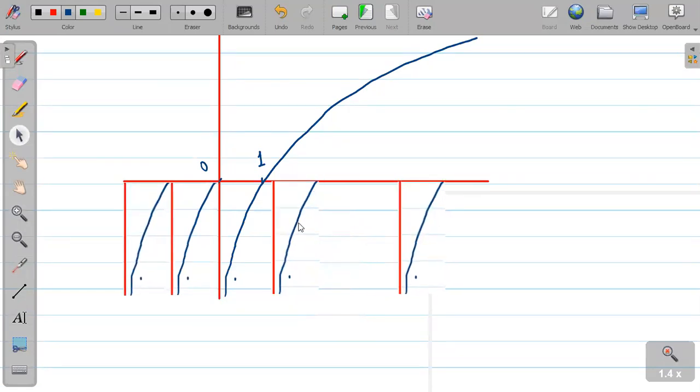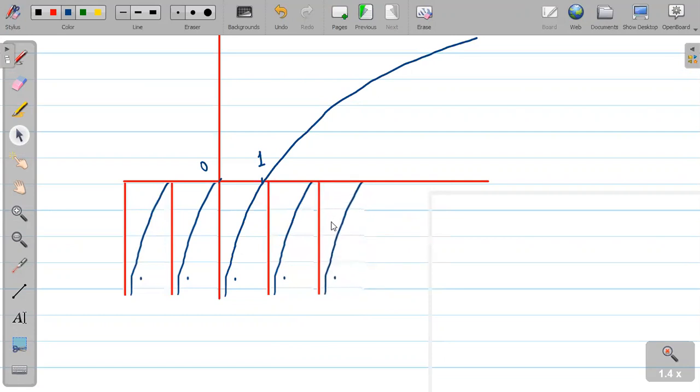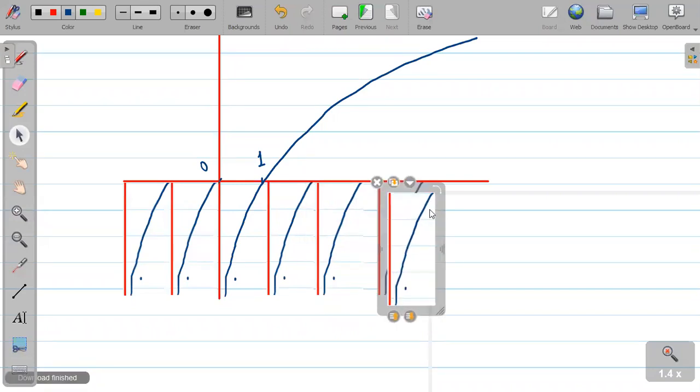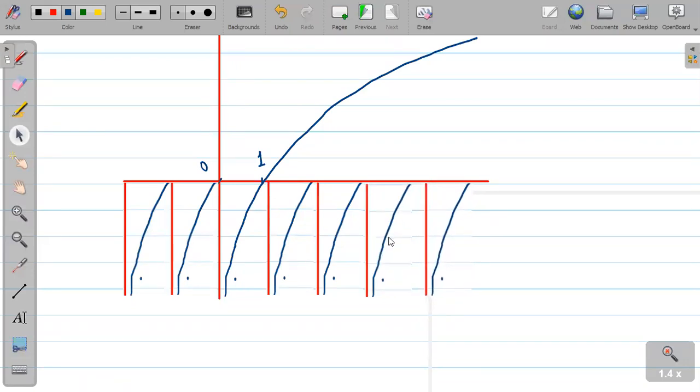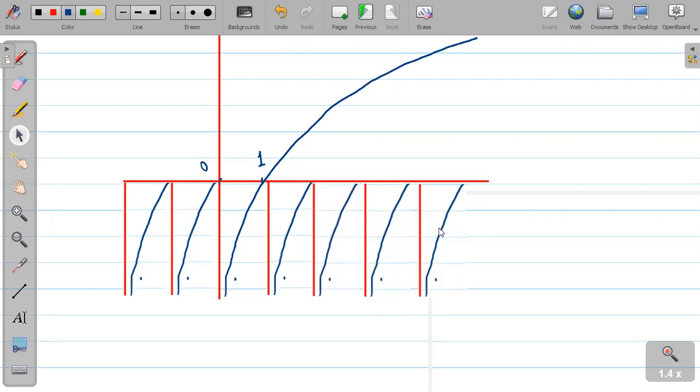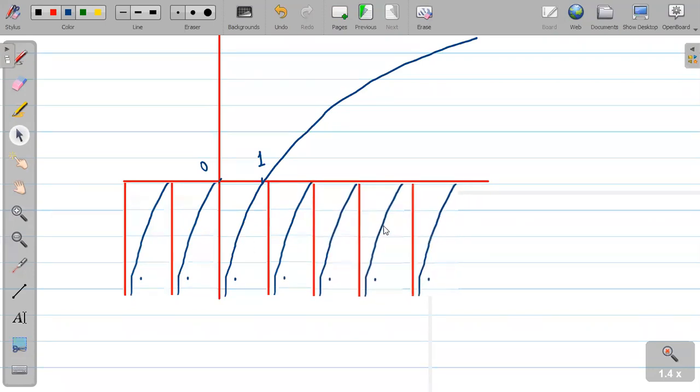This is repeating in nature. Every time you will get the same type of thing. I hope you are getting my point. And it is repeating in nature like this. Here I am making it an open circle.